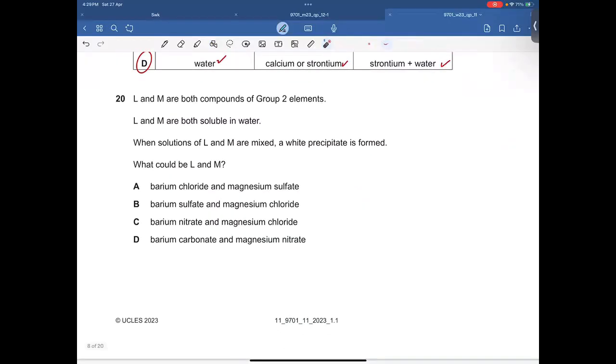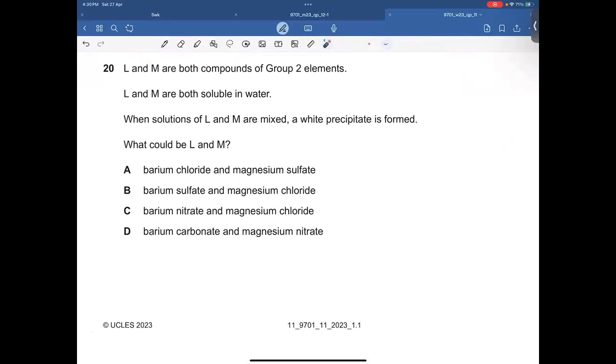Question number 20. L and M are both compounds of group 2 elements. L and M are both soluble in water. When solutions of L and M are mixed, a white precipitate is formed. We need to make the white precipitate by using L and M. So when I use barium chloride and magnesium sulfate, obviously I'll get barium sulfate and magnesium chloride.